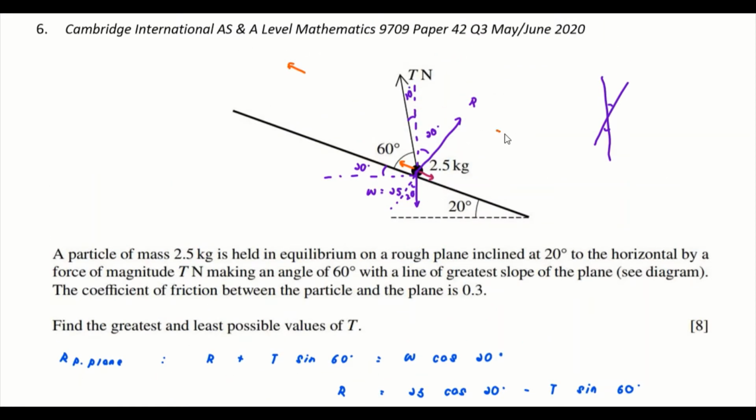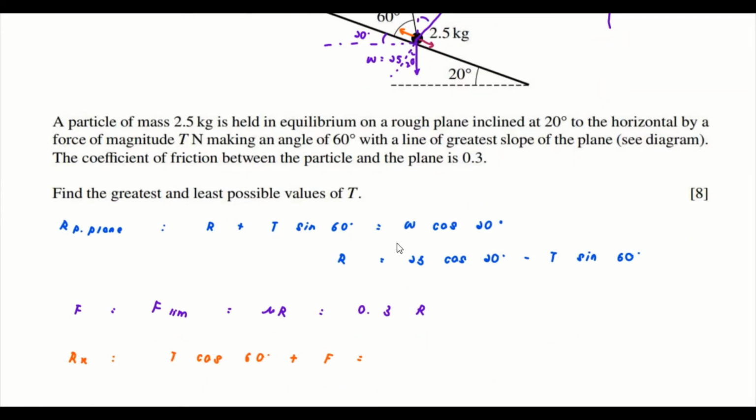Is that going down? So I have the weight, right? This is perpendicular, so I do not have any R component. So my W is going to be W sine 20.